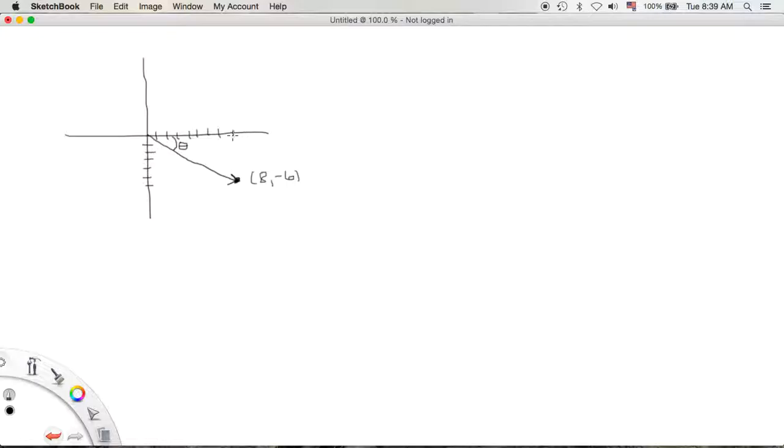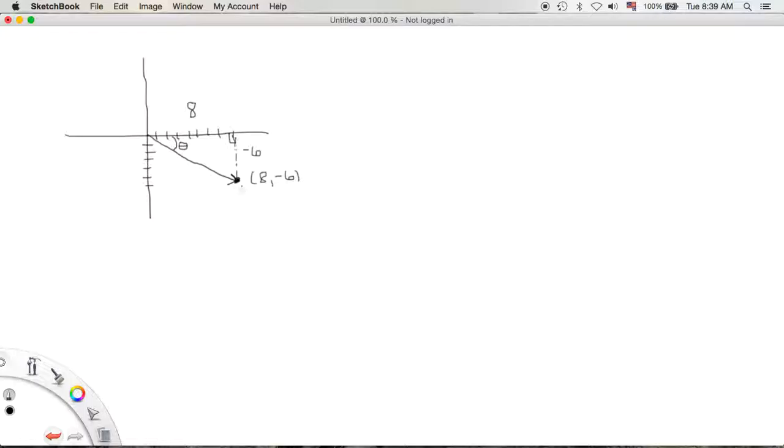And so what we need to do is look at this as a right triangle. Now you'll recall that the first part of the point gives you the x value, so this leg of this triangle is 8, and this leg is 6. Now, because it is below the x-axis, we still need to use that negative.